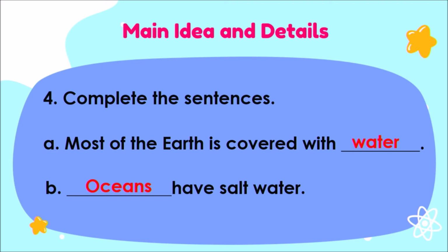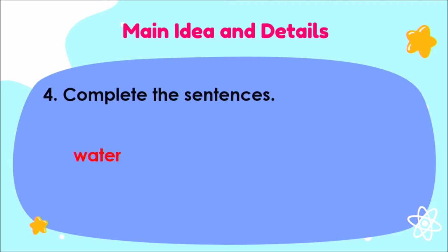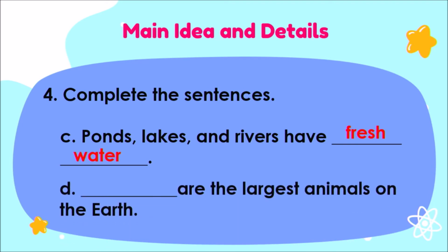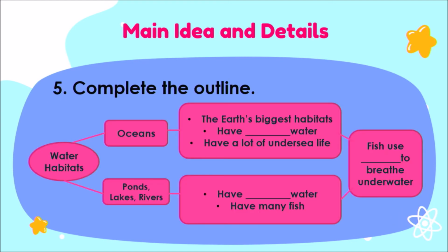Very good, kids. How about the next one? Oh, sorry. Ponds, lakes, and rivers have fresh water. Okay, kids. And then letter D, blank are the largest animals on the earth. What are the largest animals on the earth? Very good. Whales.